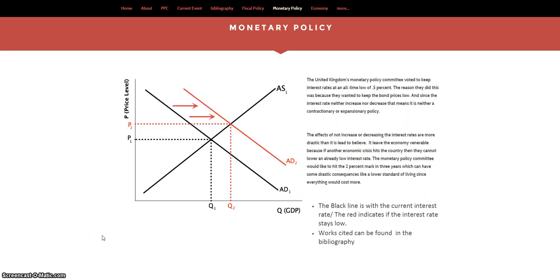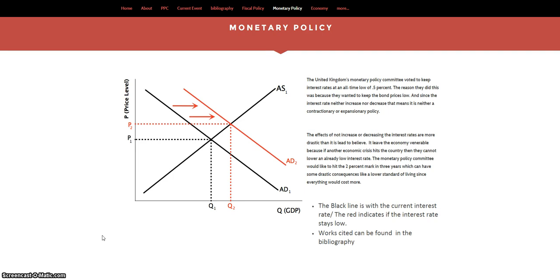The next place I stopped is the monetary policy tab. Here it's telling me that the United Kingdom is keeping their interest rates at an all-time low of 0.5%. It's been this way for a couple of months. It hasn't been this way all year, but they're deciding to keep it this way just to stimulate the economy and encourage growth.